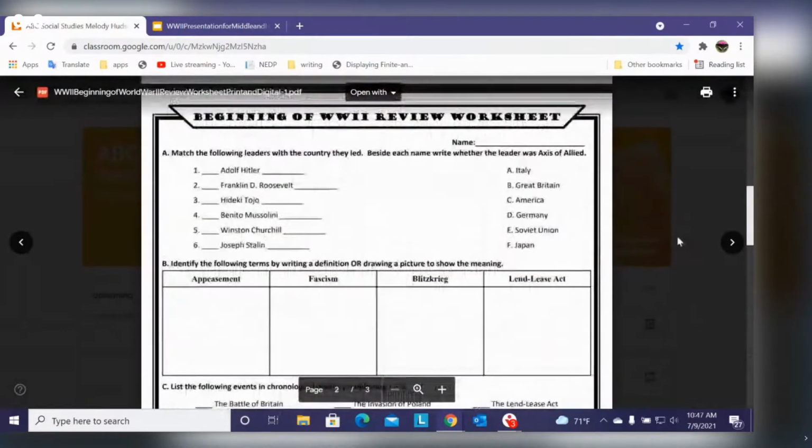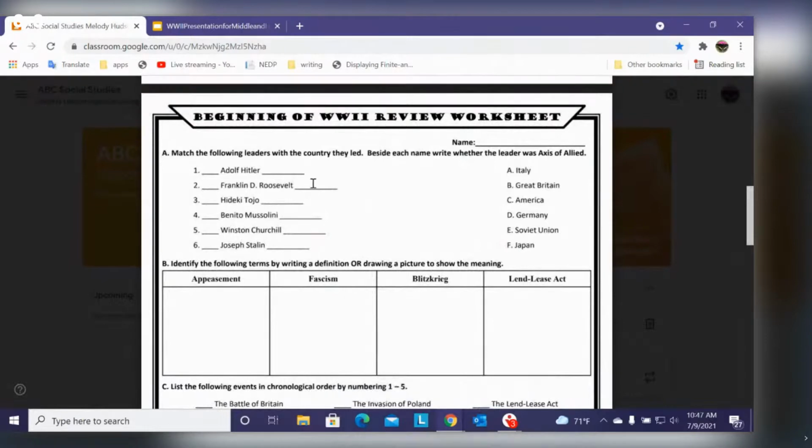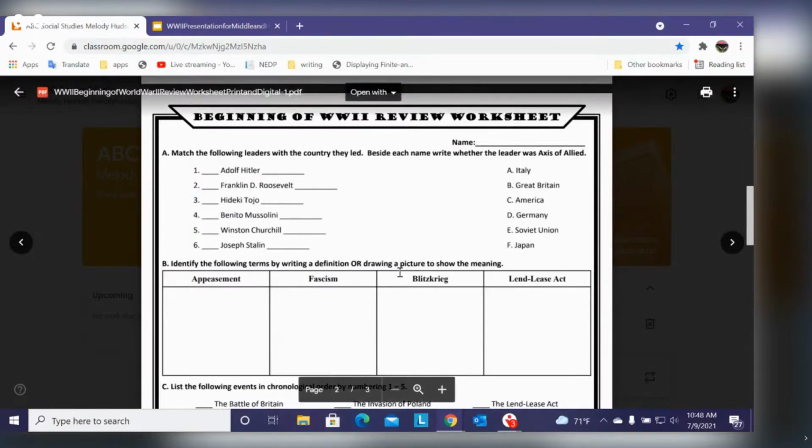But here we go with some of these leaders. You're going to match them first with the countries they led. Franklin Delano Roosevelt, hopefully you know him. Winston Churchill, Joseph Stalin, Benito Mussolini, Hideki Tojo. Tell me where these people came from.